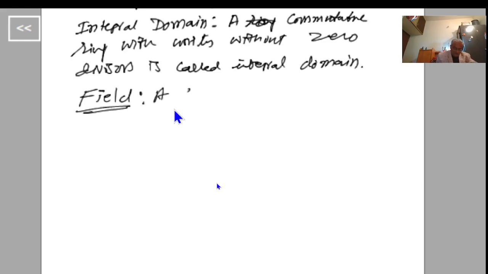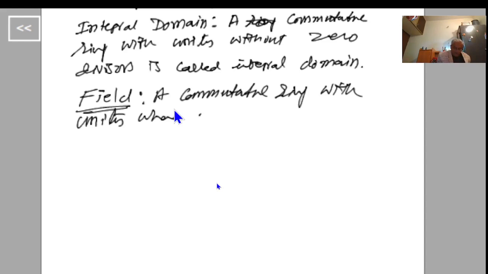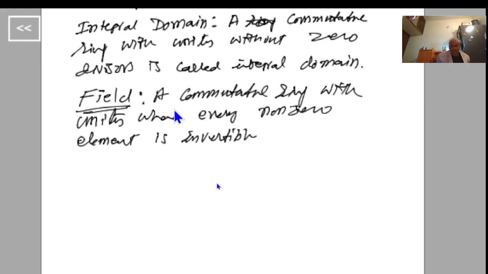That is here, a commutative ring with unity where every non-zero element is invertible is called a field. Okay, this is the field definition.